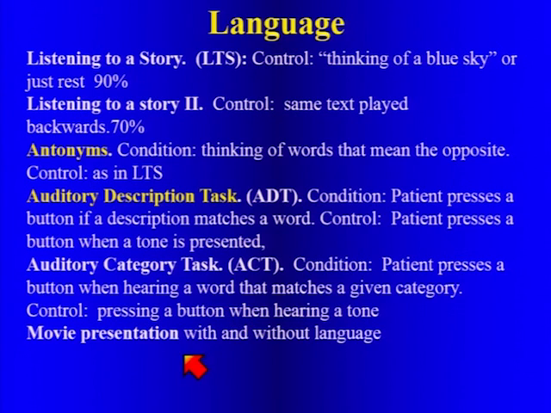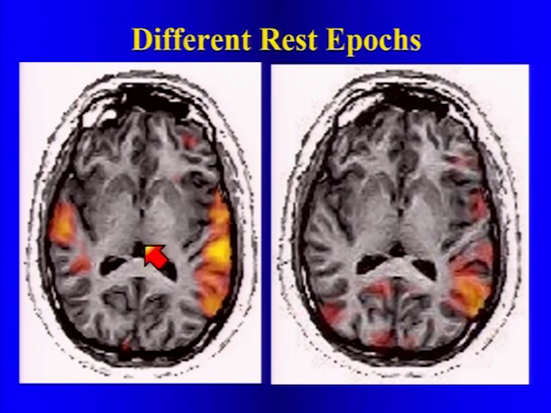So this is our toolbox along with the movie, and we try and use at least 3 of these to map language. This is just what I was talking about, the different rest states. This was reading the story backwards, so you do see it subtracts out the primary auditory cortex, but Heschl's gyrus here, which you see posteriorly, you can see without doing that.